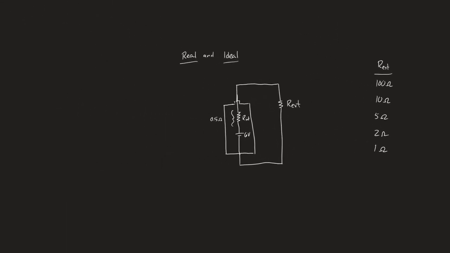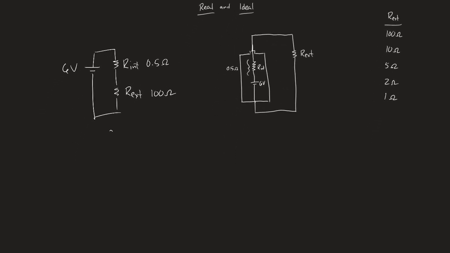For example, in our first circuit, we have a power supply, the internal resistance, and the external resistance. Taking the battery away, this is our circuit: 6 volts, 0.5 ohms, and our first resistance is 100 ohms. If I reduce the circuit, that's 6 volts connected to a single equivalent resistance of 100.5 ohms.